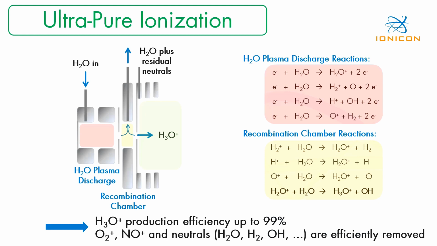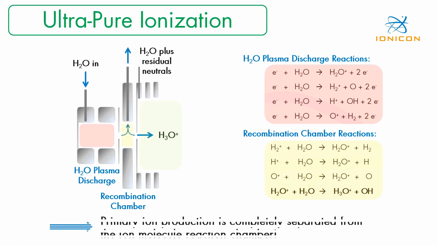In the case of a water plasma, these neutrals are mostly water, but when we have a look at the recombination chamber reactions, also consist of radicals like OH. In my opinion, the most important advantage of this well-established and robust ion source design is the complete separation of the primary ion production from the ion-molecule reaction chamber.